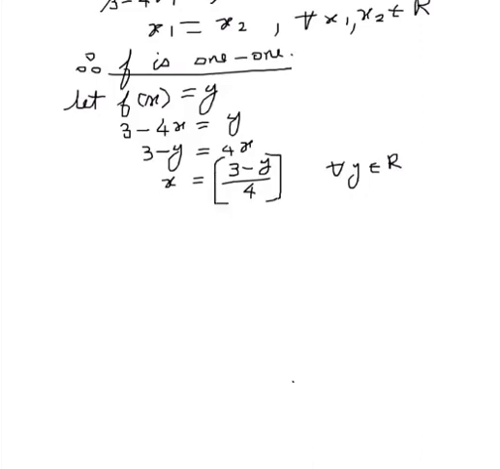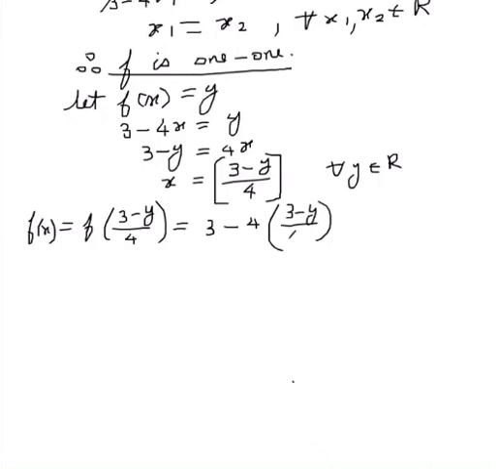That means all y in the second set, they have the pre-images. So we will show that. Now let us calculate f of this. This is the answer, right? This is our x. So let us calculate. Substitute in f. F is 3 minus 4 times, my x now is 3 minus y by 4.